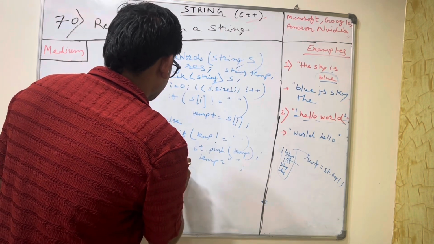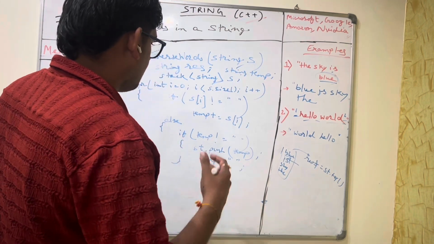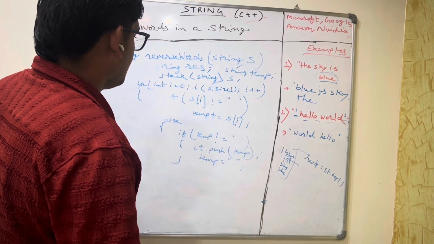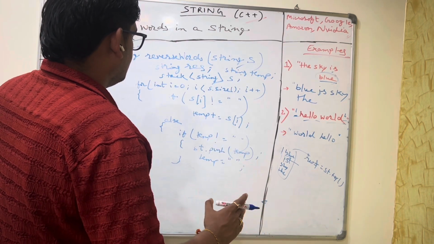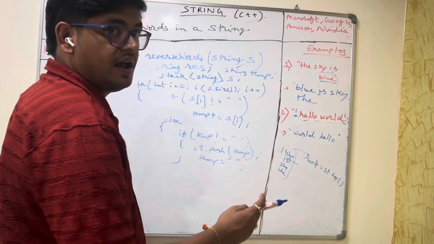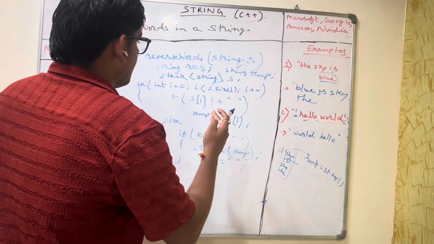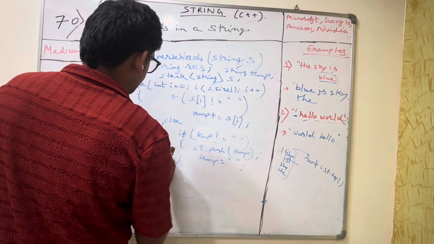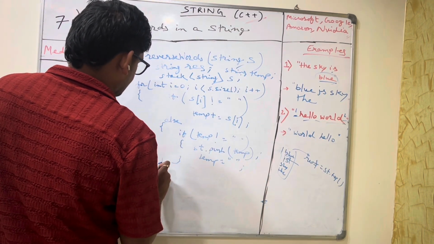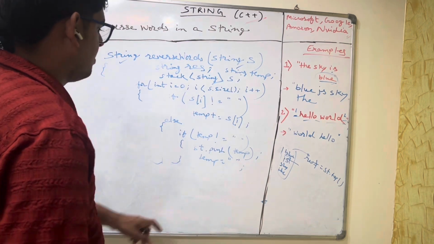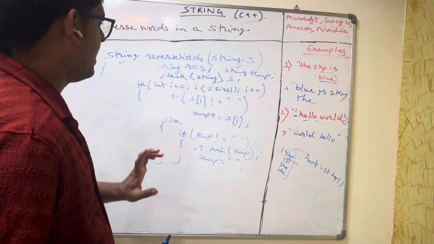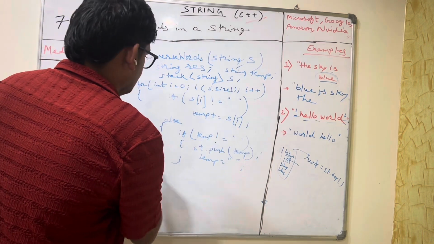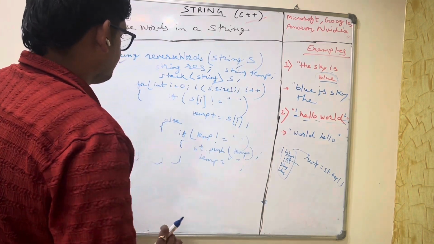And what else? If temp is already empty, and we get another Si as space, so we just ignore it, okay. So actually it's like this, we don't care, temp is empty over here, and this will help us to get our stack, okay.